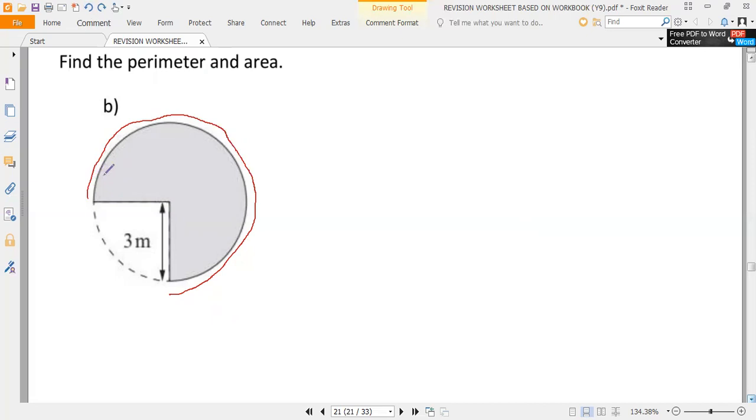The formula, you remember, right? It's pi d or 2 pi r. In this case, the radius is given, right? So I'm using 2 pi r times 3/4 because it's a 3/4 circle. Later, don't forget to plus 3 and another plus 3.